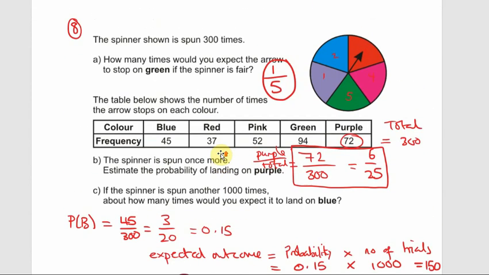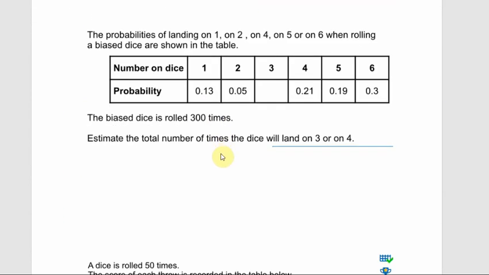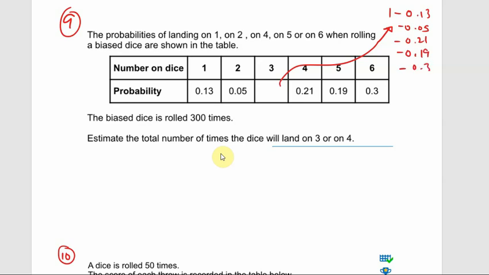That was question 8. So question 9, and our final one, question 10. So, first of all, we always just want to look and fill in this table. So we need to do 1 subtract 0.13, subtract 0.05, subtract 0.21, subtract 0.19, subtract 0.3.